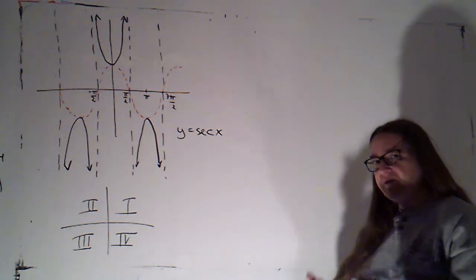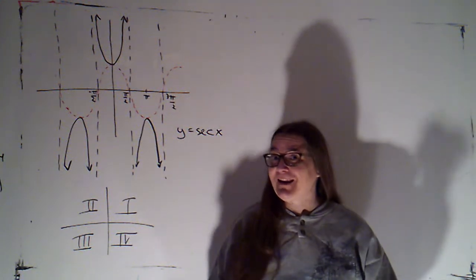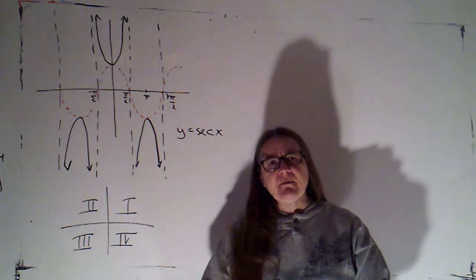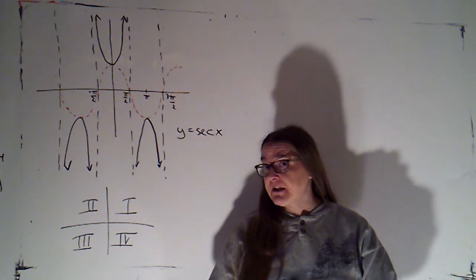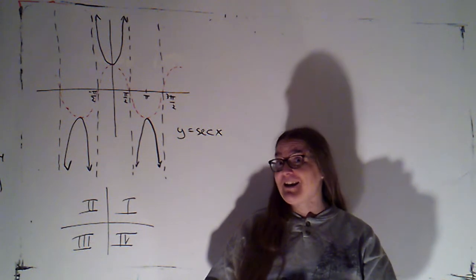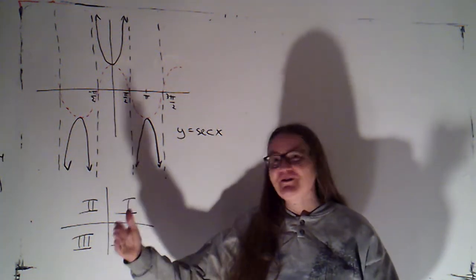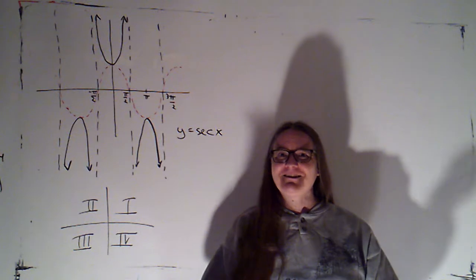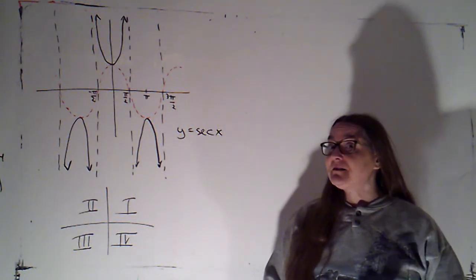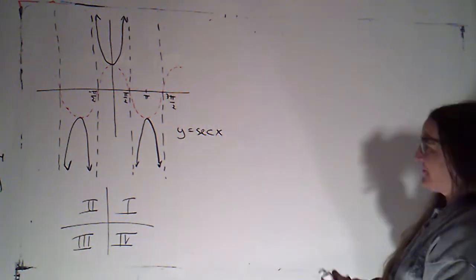Really important as community college students that you know that, because I know the majority of you are planning to transfer to a four-year school, and I'm guessing most of you aren't making the decision about where to transfer based on which definition of arcsecant or arccosecant they use. So it's possible that just like the definition for many of you changed going from pre-calculus to calculus, it's going to change again when you transfer. And it does affect the formula that we get for the derivative.